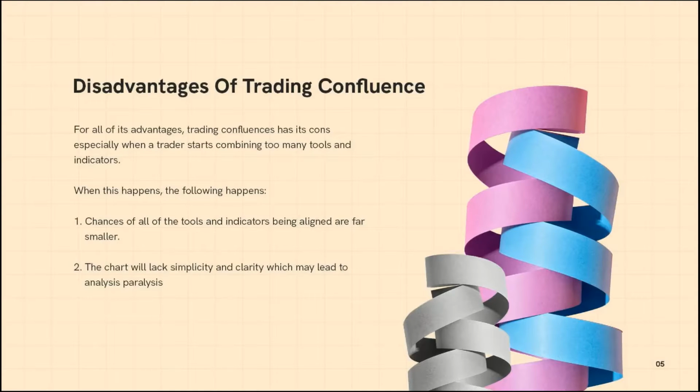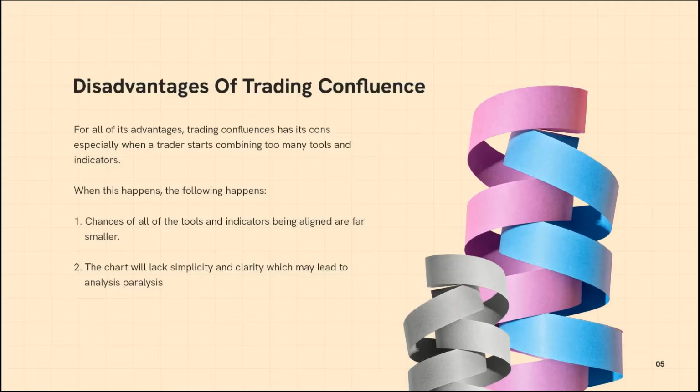Disadvantages of trading confluence. See, for all its advantages, confluence has its cons. Especially as a new trader, when you start combining too many tools and indicators, the chances of all tools and indicators being aligned are far smaller.